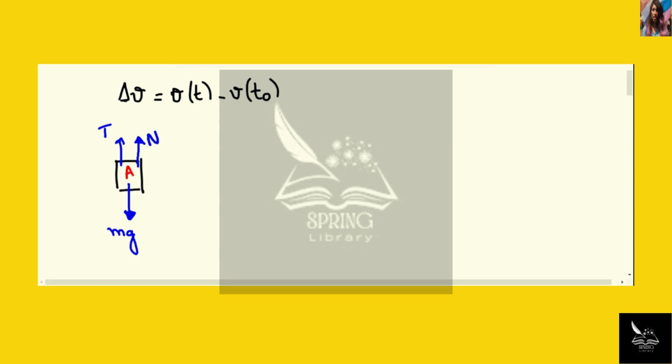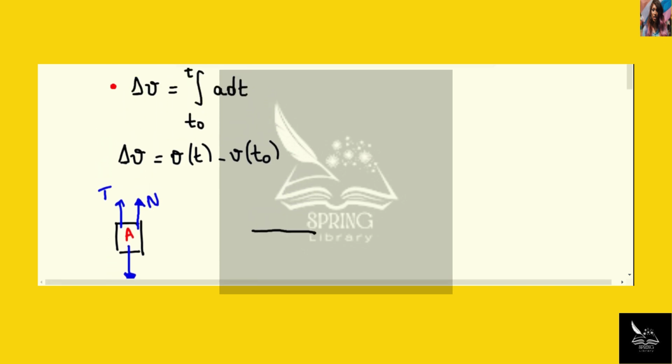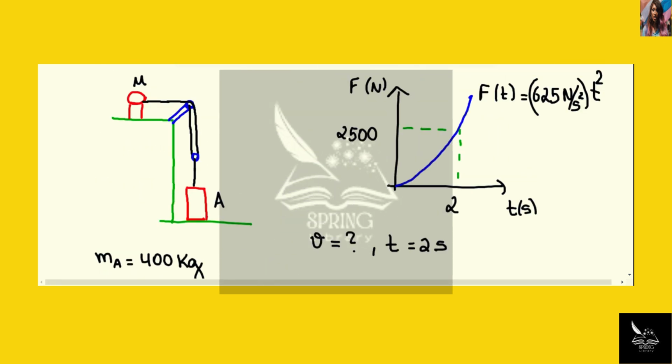Now notice that the tension that the motor exerts on the cable is different from the tension that the cable exerts on the block A, and that is because the cable is not the same. Notice that the cable upon which the motor M exerts a force is kind of folded around a pulley, this one here.